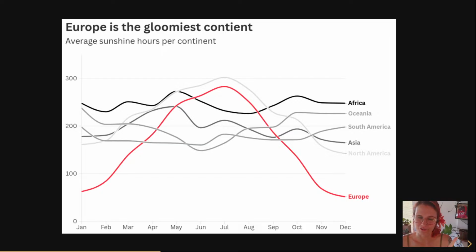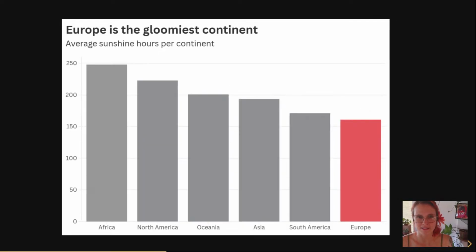But again, if that is my story, do I need to show all the data? Isn't this also a perfectly good chart to tell the same story? So what I'm trying to do here is to give you a little bit of an impression of how one goes about choosing the right form.